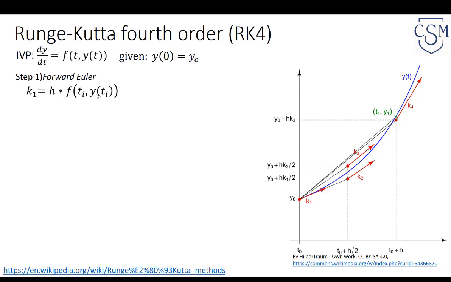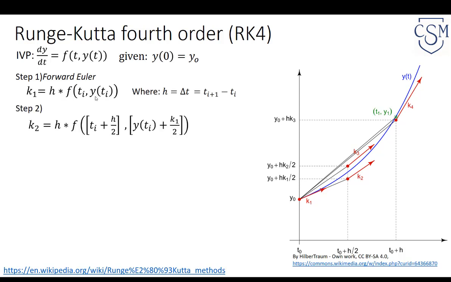Then in the second step, we calculate a new value, k2, which is h times f of ti plus h over 2, half of the time step, and y of ti plus k1 over 2.